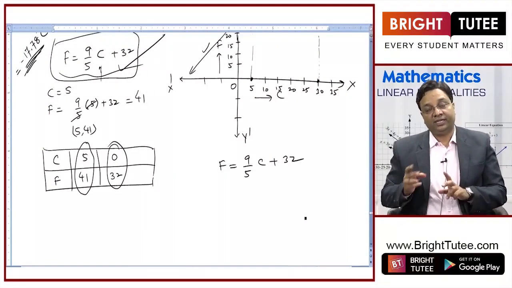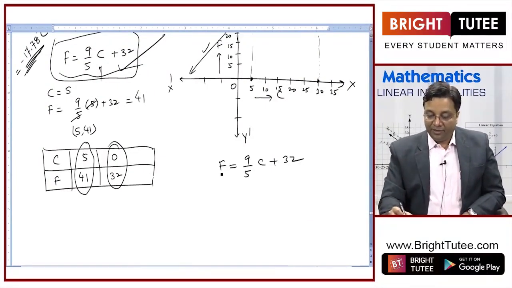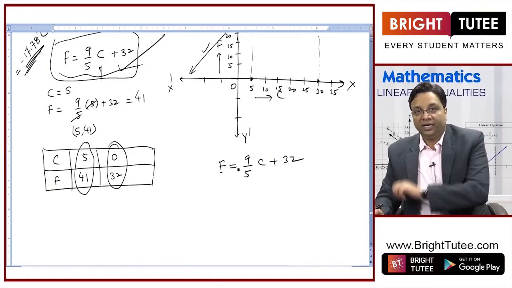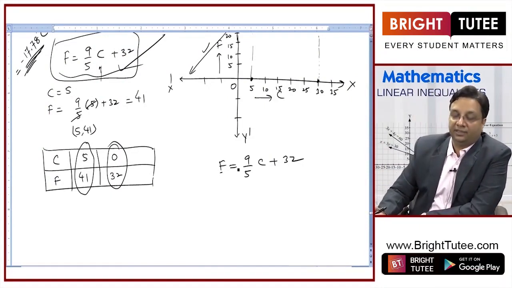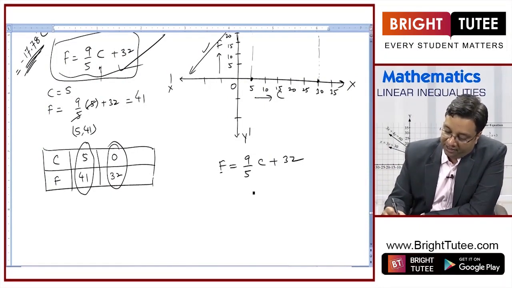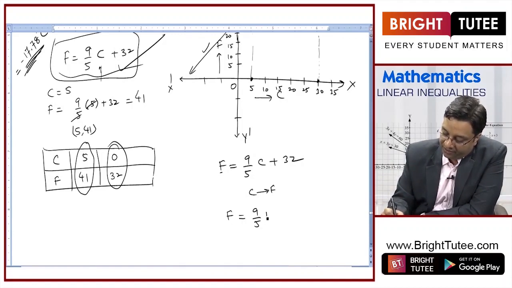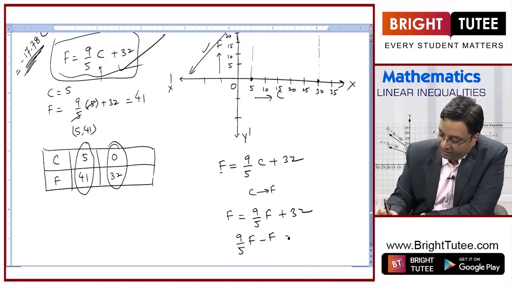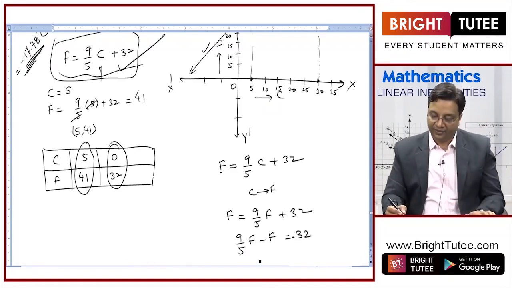Now where they are numerically equal, I can replace F by C or C by F, right? So if I replace, let us say, C by F, then I'll have F equal to 9 by 5 F plus 32. So what will be 9 by 5 F minus F? It will be equal to minus 32, right?